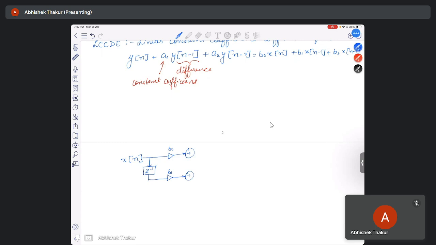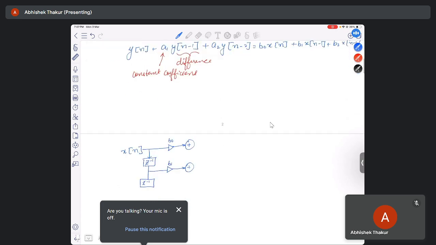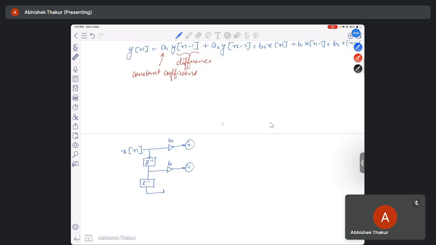Now we have one more difference term, x of n minus 2. What is the coefficient of that? b2. So we will add here b2, and these are added together. So these are all the coefficients of x of n.